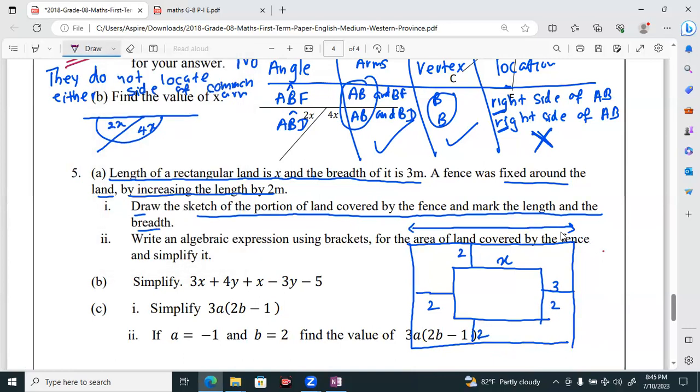land is by increasing the length by 2 meters.